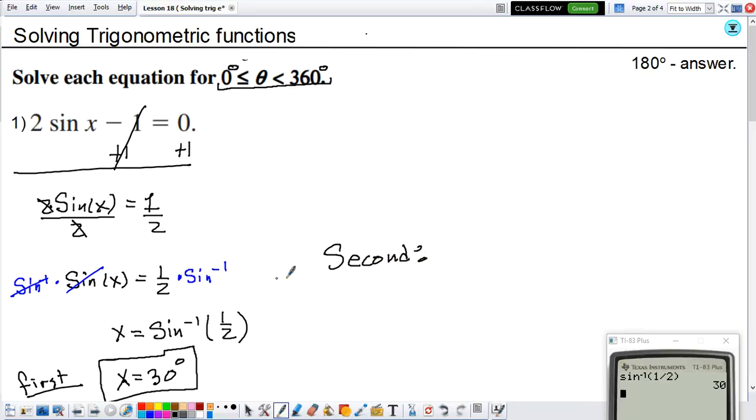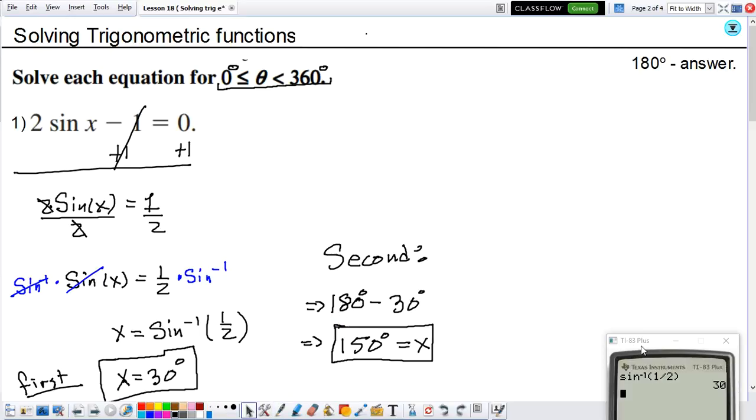Well, if we took the inverse of sine to check for the second solution, we are going to get 180 degrees minus the answer that we arrived at first, which is 30. 180 minus 30, that's 150 degrees. So my guess is that my second solution is 150 degrees.